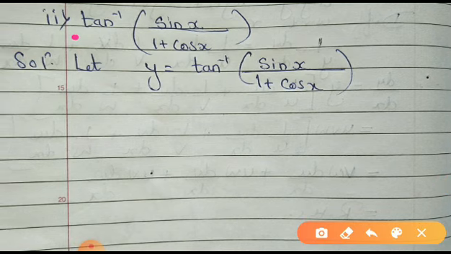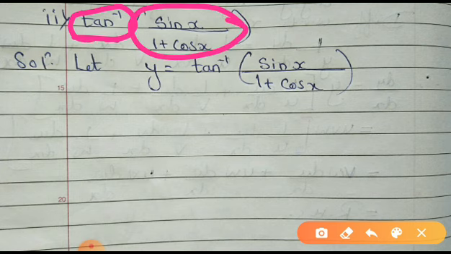Next is tan inverse of sin x by 1 plus cos x. If it is tan inverse, I should get here somewhere tan or somewhere cot, because cot is again a complementary ratio, I can just change it by writing tan of pi by 2 minus theta.